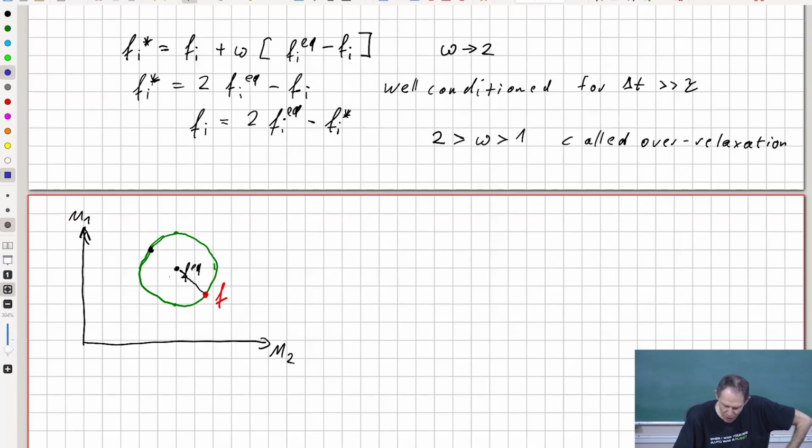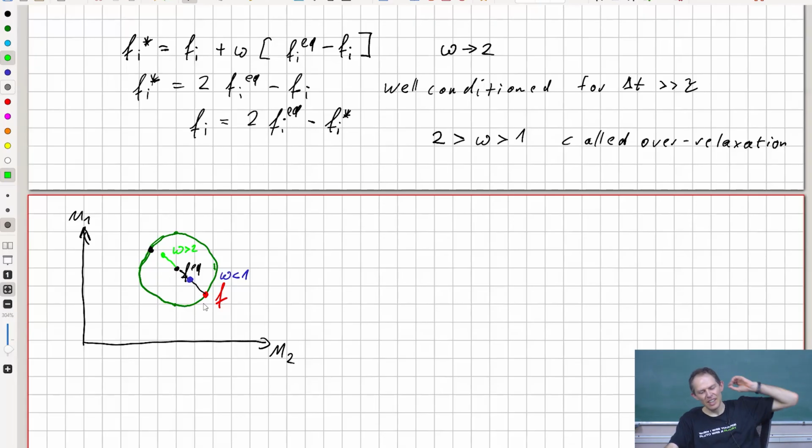Now, when omega is smaller than 1, we end up on this side, obviously. But when omega is larger than 1, we would end up on this side.